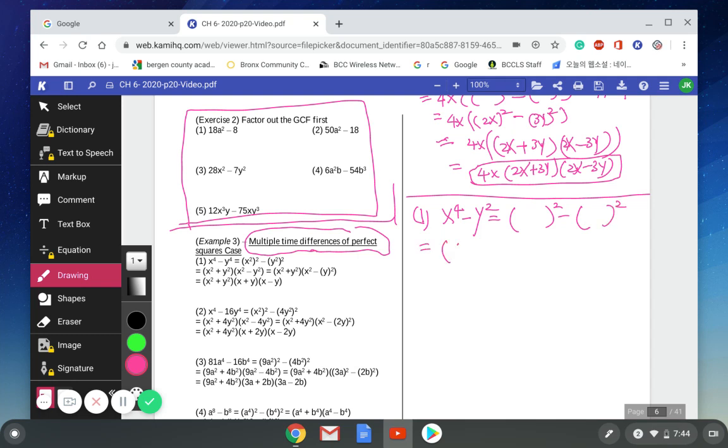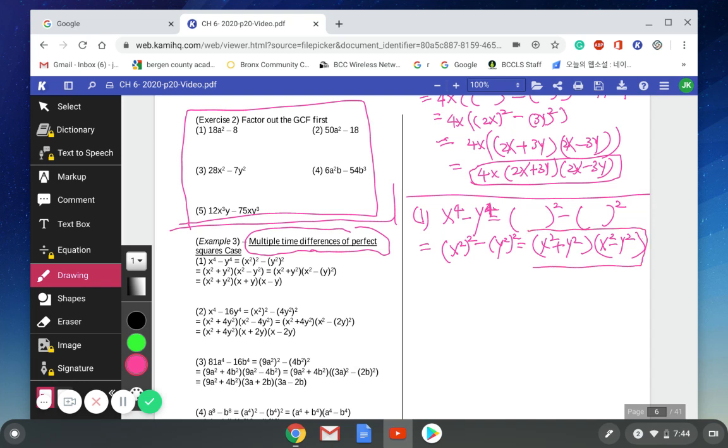Yes, this becomes (x²)² minus, oops, this is 4, (y²)². So this particular question becomes the product of first term plus second term multiplied by first term minus second term.